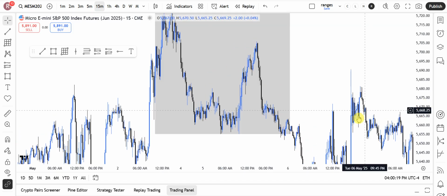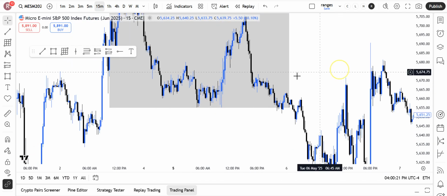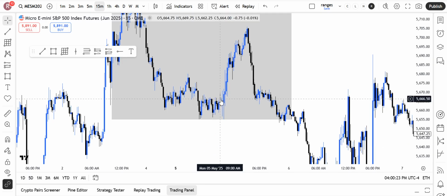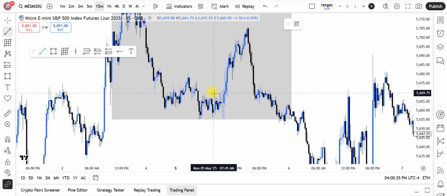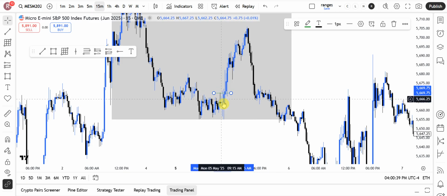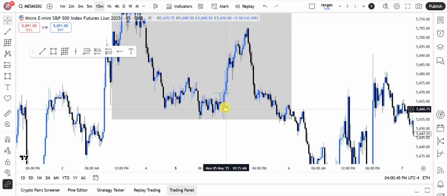But right here, boom, we have one candle, a second candle that's higher than the first, and a third candle that is lower than the middle candle, so this classifies as a swing high. When that gets violated, or a candle body closes above here, we have a break in market structure.